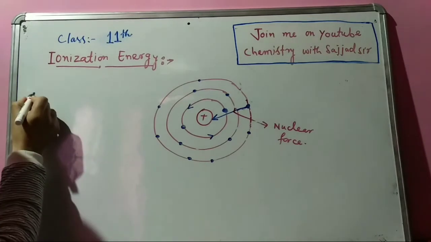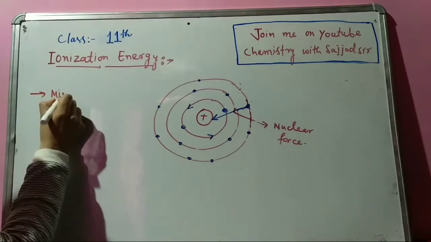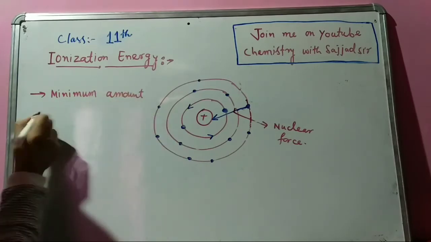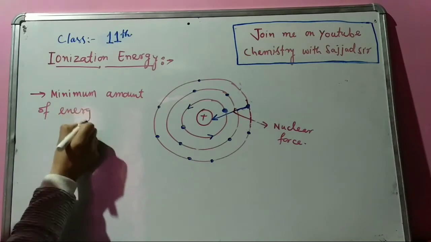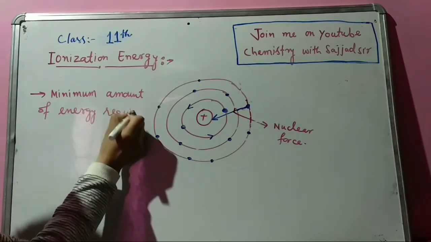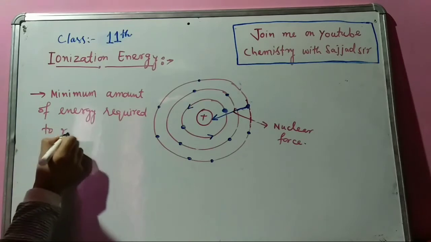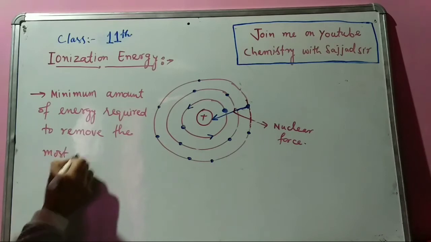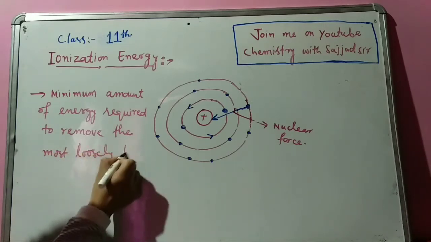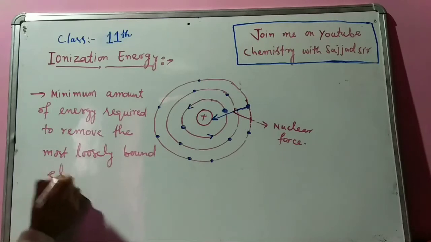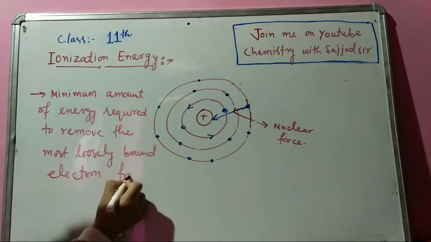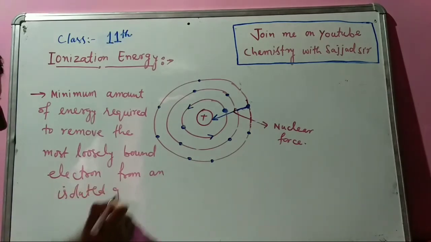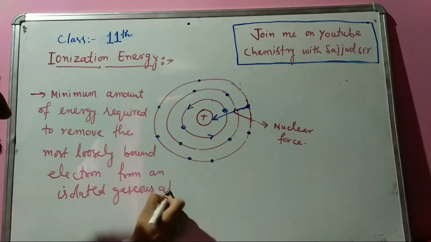So we can define ionization energy as the minimum amount of energy required to remove the most loosely bound electron, that's the outermost electron, from an isolated gaseous atom.